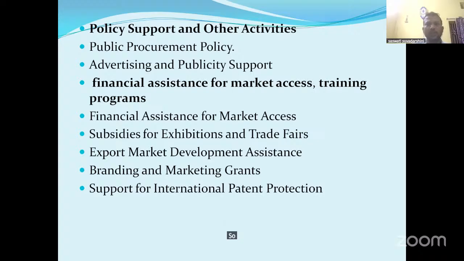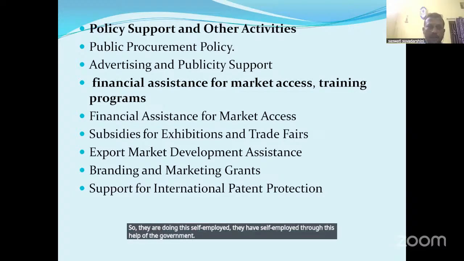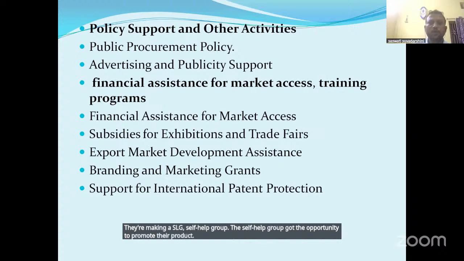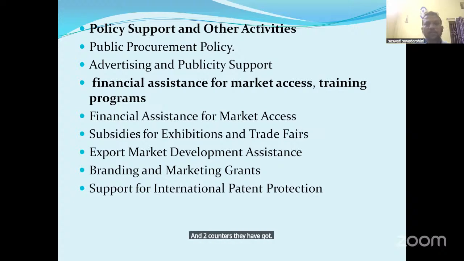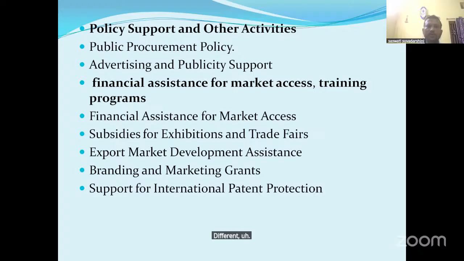So they are self-employed with the help of the government. They're making a self-help group. The self-help group got the opportunity to promote their product, and they have got 2 counters. Sometimes they are also supplying to different hospitals and party functions. They are providing different food products. So they got different assistance.